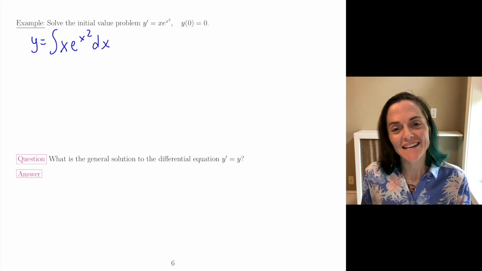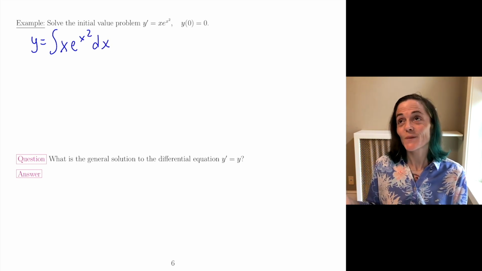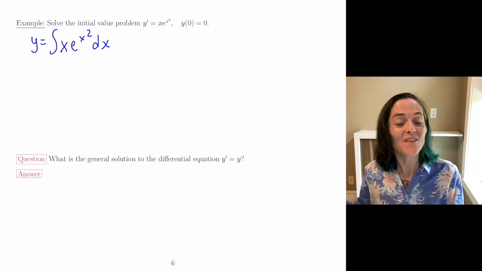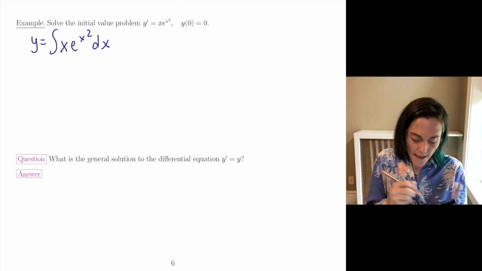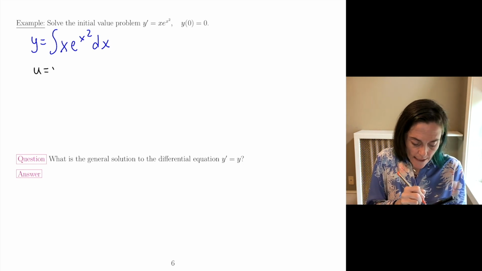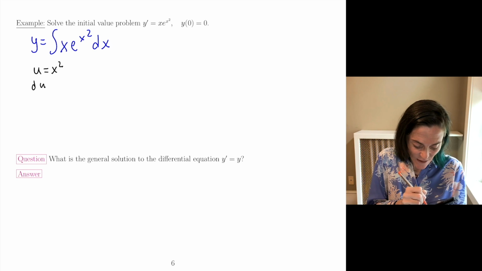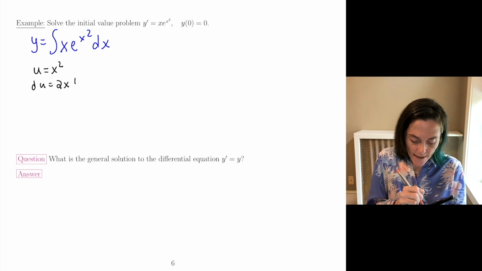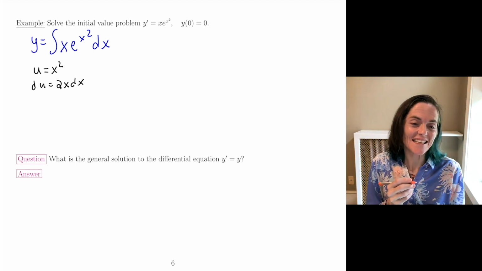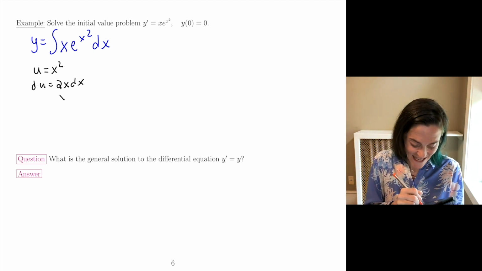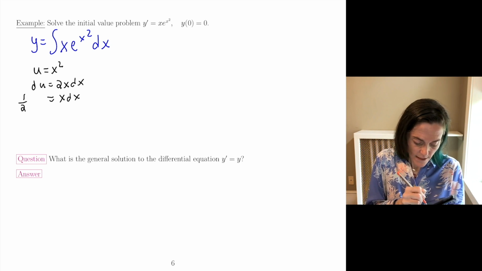This would be something we could solve, well, last week, say, when we were doing indefinite integrals. All right, how do we integrate this? Well, u is x squared, du is 2x dx. Now, handed to me in my integral is not 2x dx. We have x dx. And this is 1/2 du.